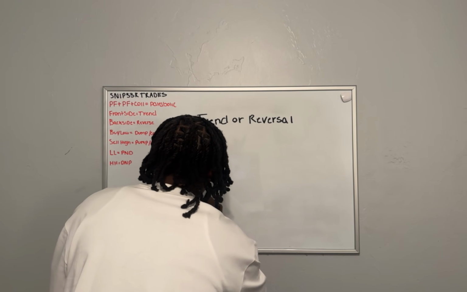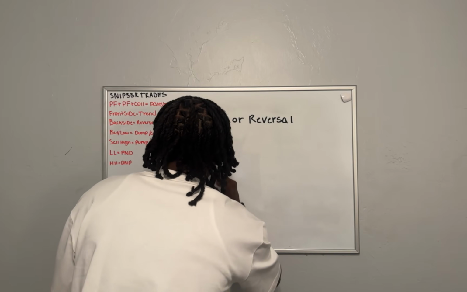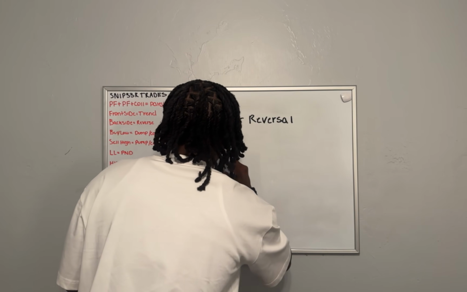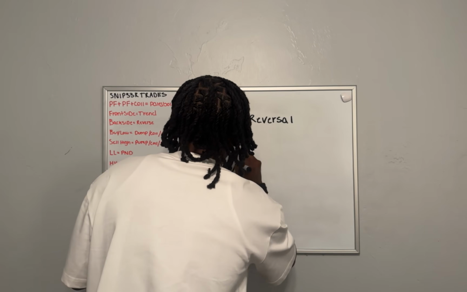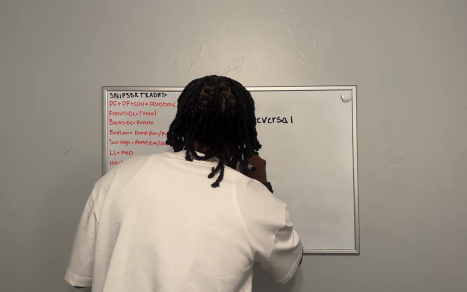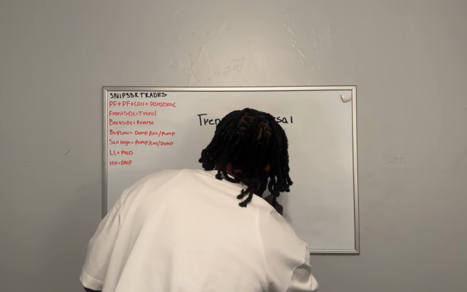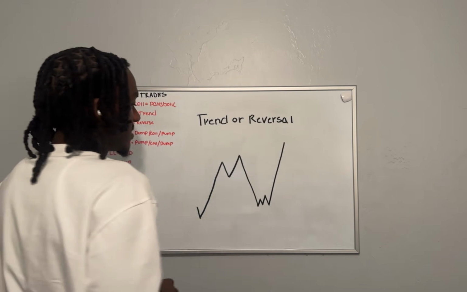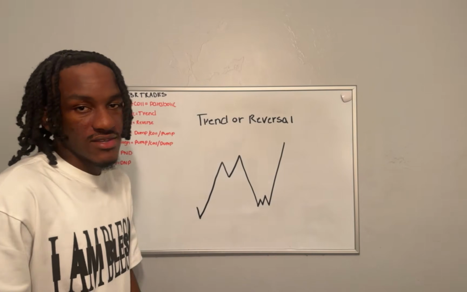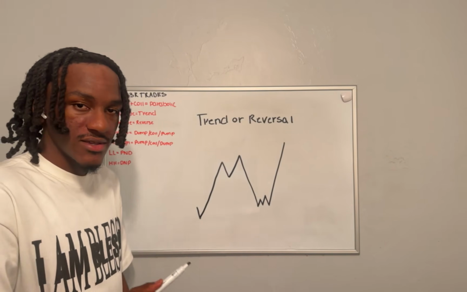Step one will be our low. Step two will be our high. They will give us a higher high for the dump and pump template. Now, this is a trend trade scenario.